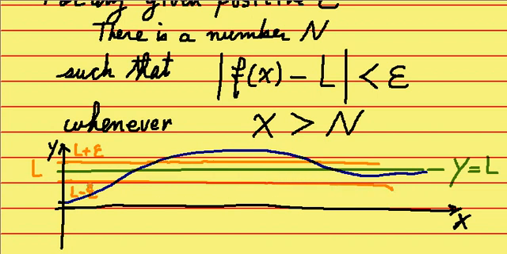The statement is, if you specify a certain epsilon for me, I have to specify a certain n for you, such that if I pass that number, then I fall inside of that trap forever.